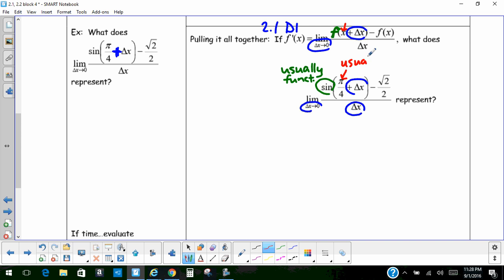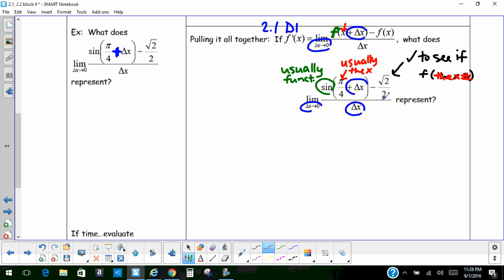So this is usually the x that we want. And then the last portion, the number, this is where you need to check to see if it turns out to be f of whatever the x number that you found in red was. And I agree at first this may not make sense, and that's okay. We're going to break it down a piece at a time.